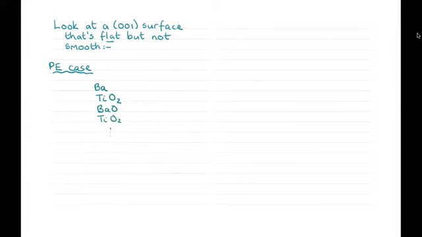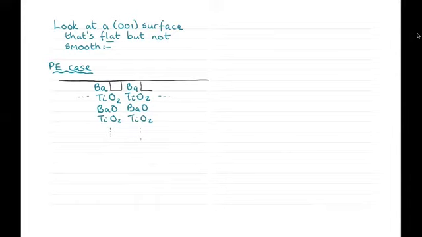And then my next unit cell to the left would then have another TiO2 and a barium. I'm going to draw two of them just so it's clear in this case. So I still have a flat 001 surface, but it's not smooth. It has these missing oxygen atoms.